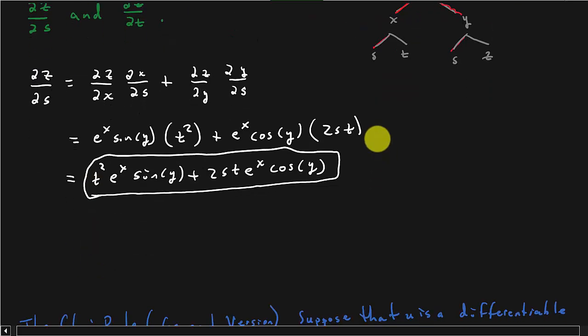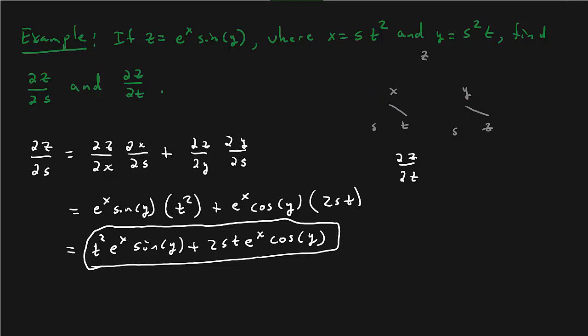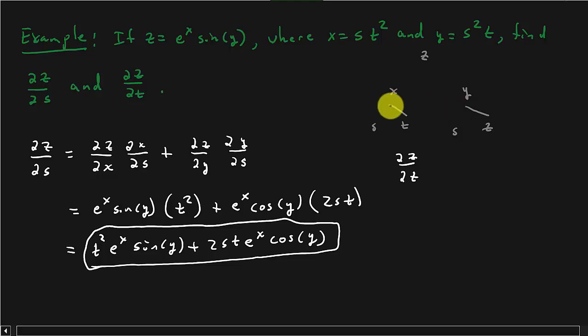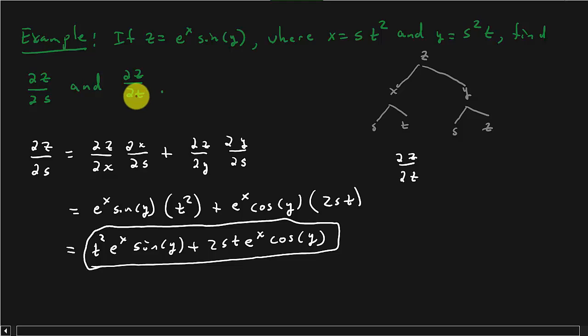All right. So now we want to do the partial of z with respect to t. Let's erase this out and put those lines back in there. This time we've got to get to t, the partial of z with respect to t.